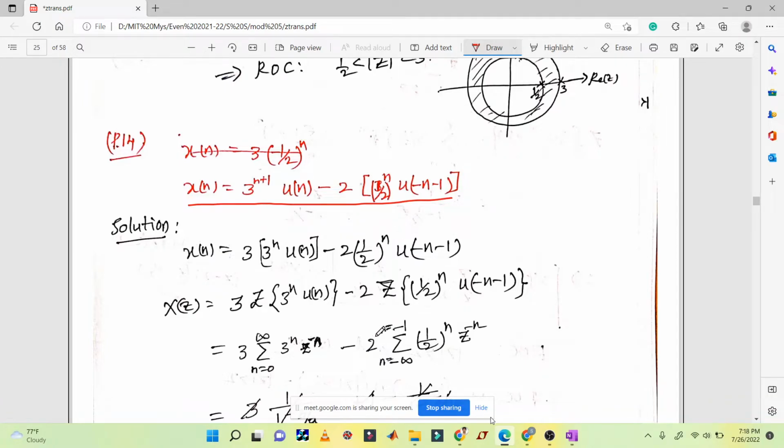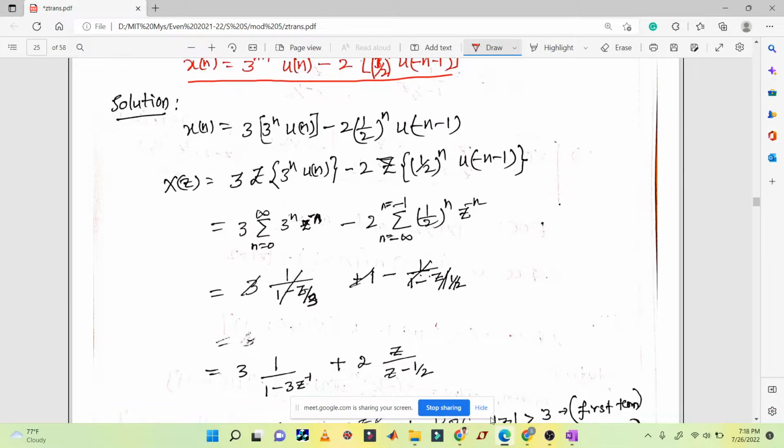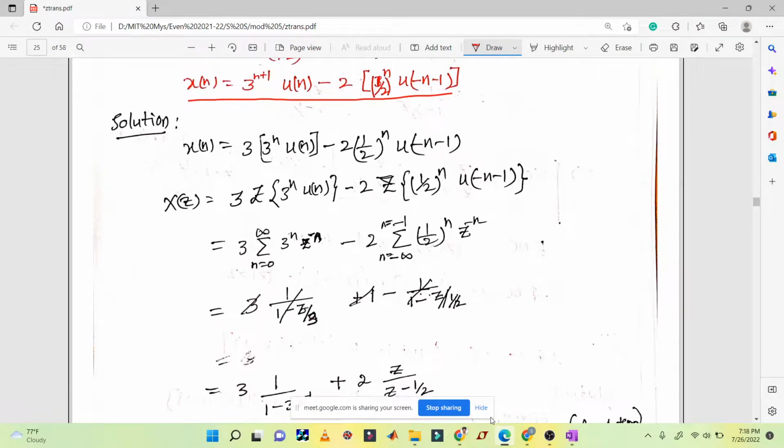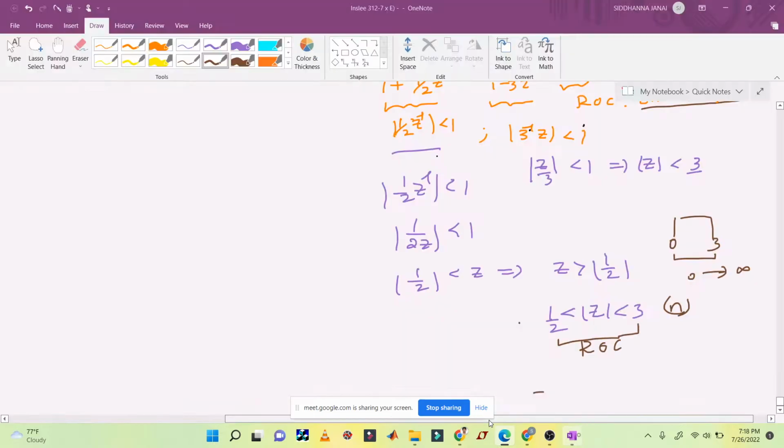We have to solve this problem. Can anyone try it out and let me know the answer without looking at this screen? Let me copy down the problem first. 3 to the power n plus 1.